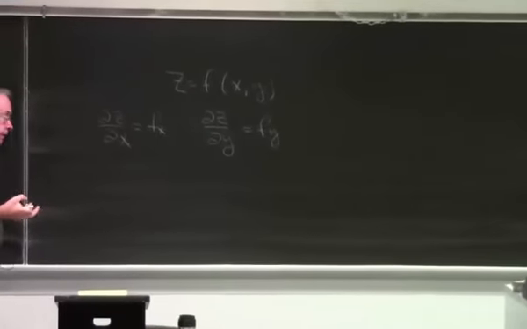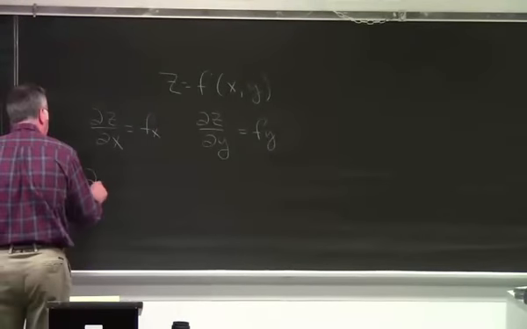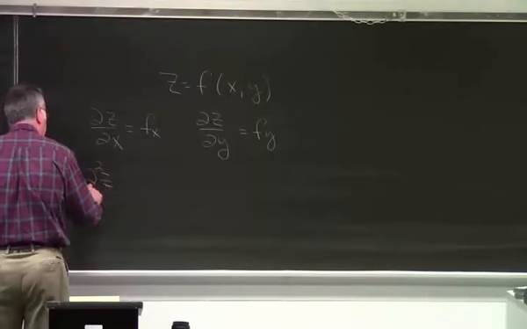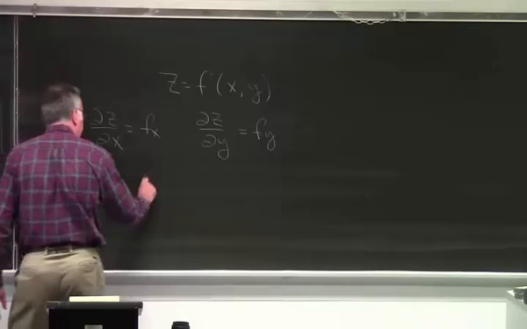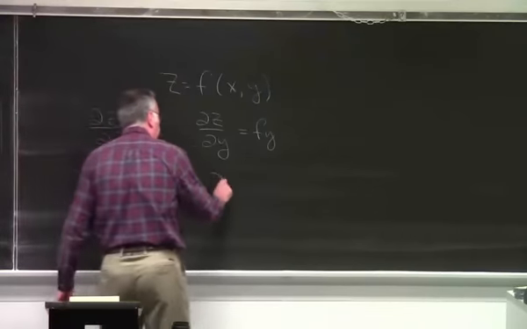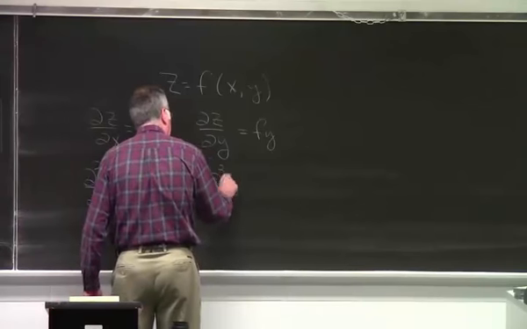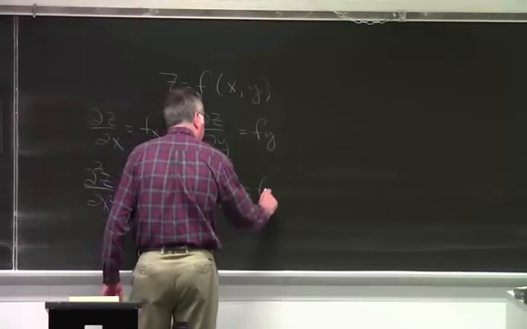the second derivative of z with respect to x, which can be written this way, is just f sub xx. Also, the second derivative of z with respect to y, which can be written this way, could also be just f sub yy.